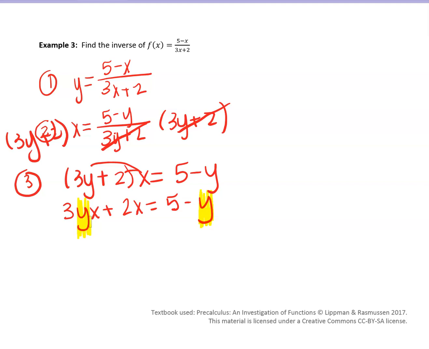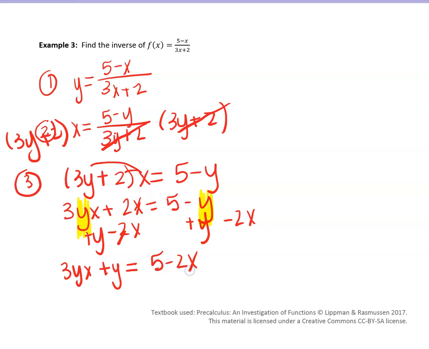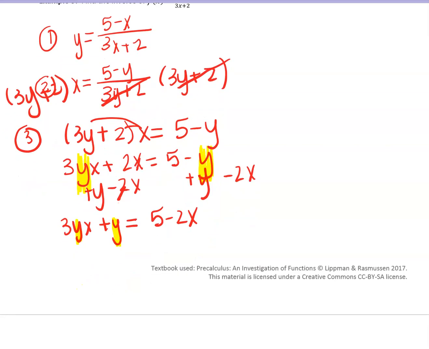And so I am going to get all my y's to the left and everything that doesn't have a y to the right. And so I'm going to say minus 2x on both sides. And I am going to do plus y on both sides. So it gives me 3yx plus y equal to 5 minus 2x. Now that I have both of these y terms on the same side, I can factor out by GCF.